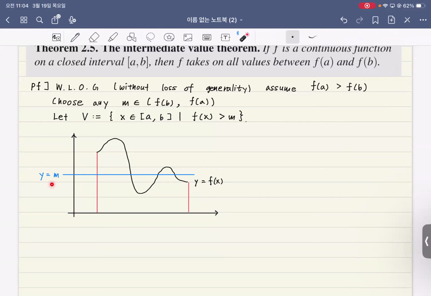If this is my m, then this set V must be the set whose function values are greater than m. So it must be the union of these highlighted intervals, right? This green highlighted interval should be your V, because on these intervals, the function values are greater than m. Okay, good.